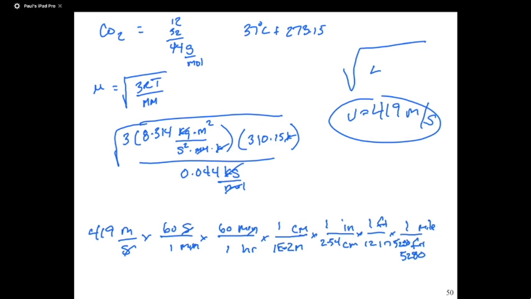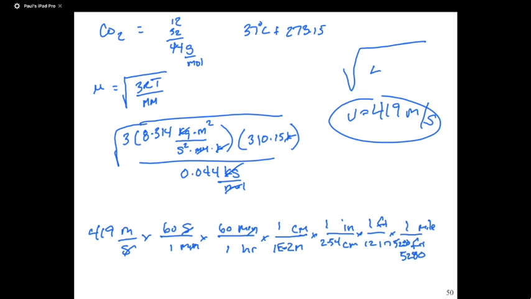All right, let's see what happens here. 419 times 60 divided by e to the minus 2, divided by 2.54, divided by 12, divided by 5,280.